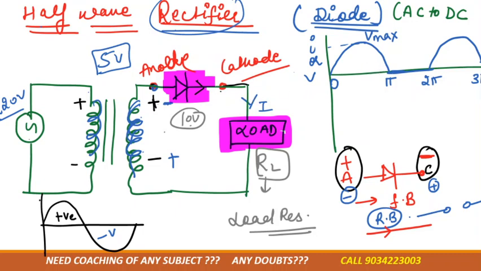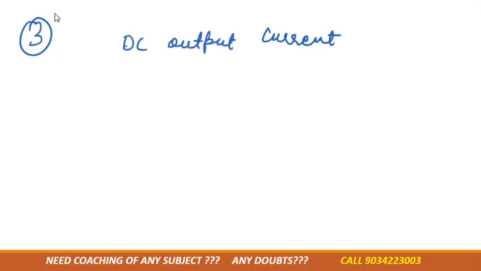So in the output, on the load side, will we get AC current or DC current? DC. So here the current flowing would be IDC because the current on the output side would definitely be DC. That's why they say output is always in the form of DC, and that is denoted by IDC.